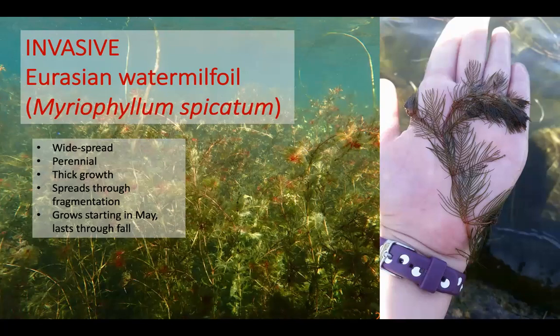The native counterpart that looks a lot like it would stay up on your hand. It's much more bushy and stiff. It's a little bit stronger than this species. So that's one really good way to tell the difference, is to lift it out of the water on your hand and see what it does. So again, the Eurasian water milfoil, the invasive one, is very widespread. You're definitely going to see it because it starts growing in May and you're going to see it die off late in the fall.